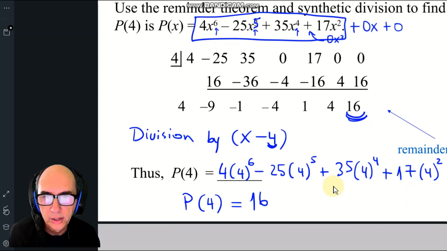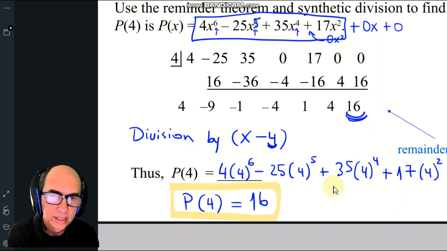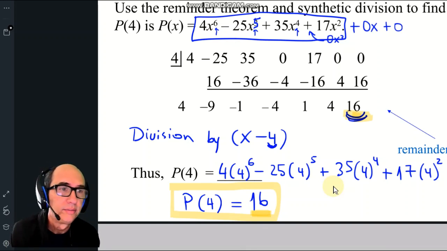I didn't show the math here because you're going to need your calculator, but I encourage you to check, and you're going to see that it equals 16. The same result we find using synthetic division is the same that you're going to find using long division as well.